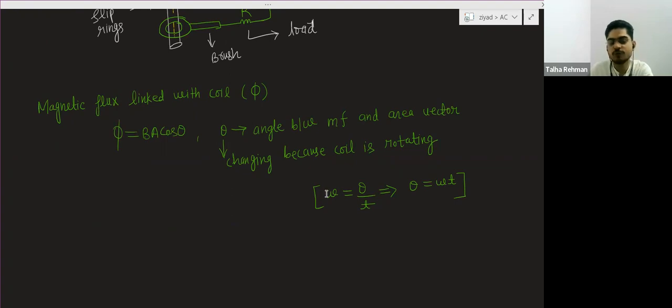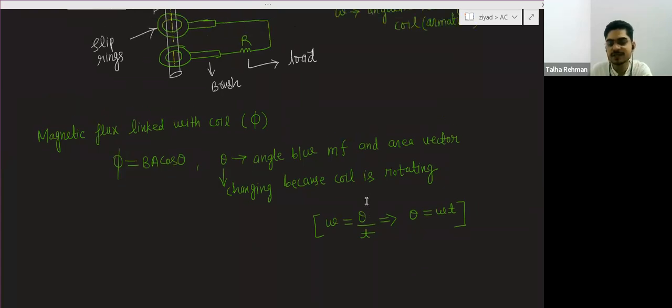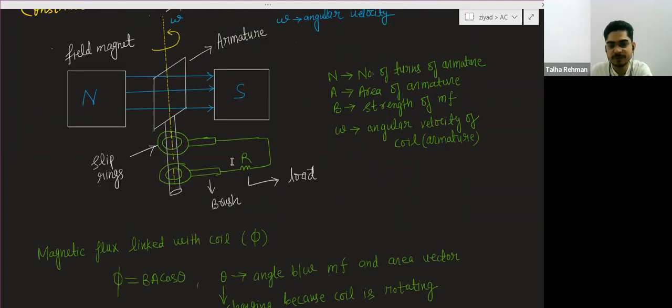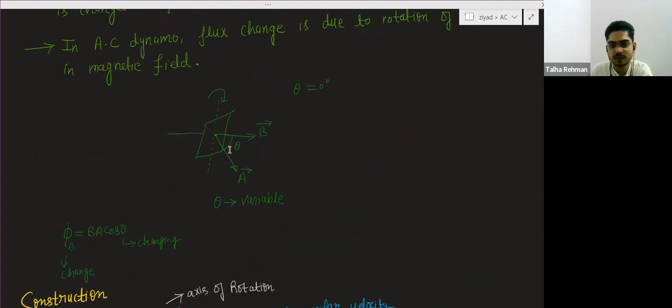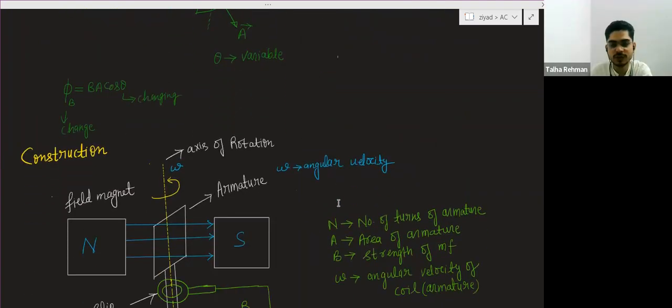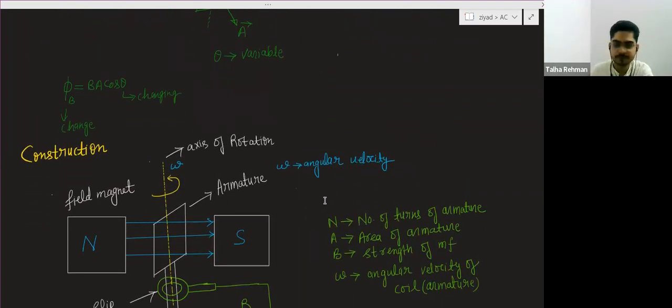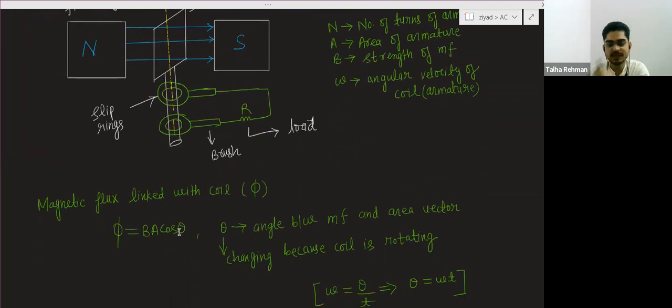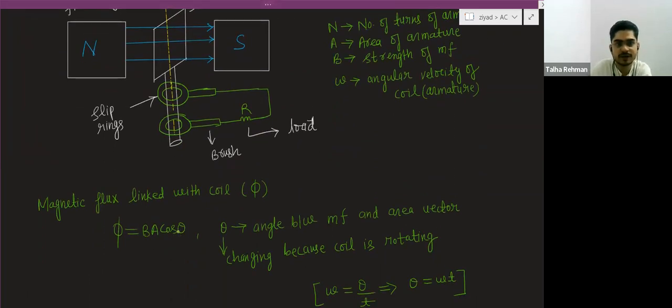I have told you there is a relation between the angular velocity and theta. Angular velocity is theta divided by t, where theta is the angular displacement. I am showing theta here. So basically this theta is changing.